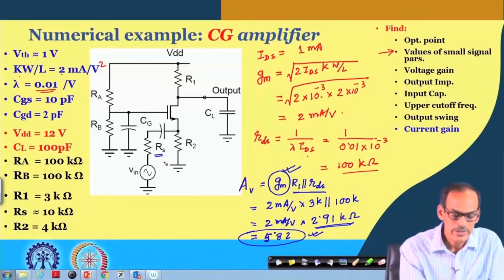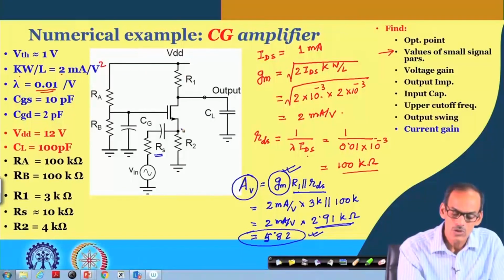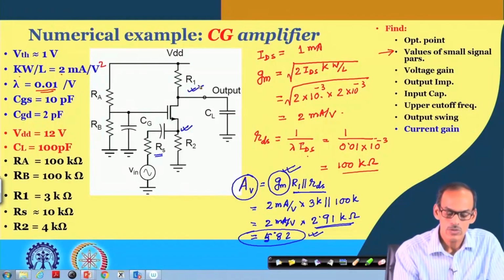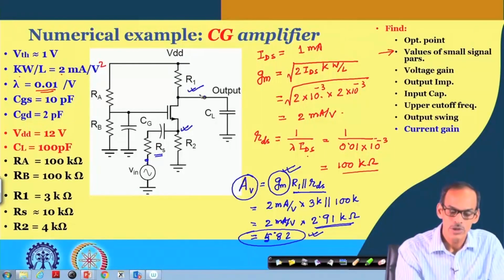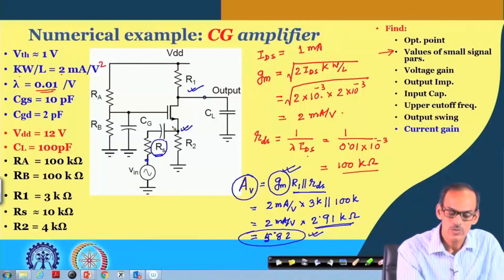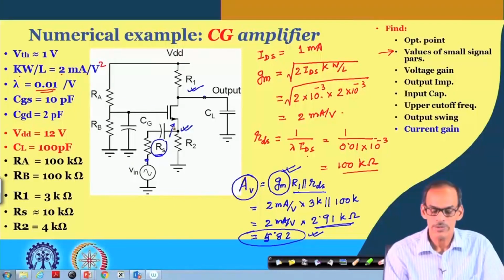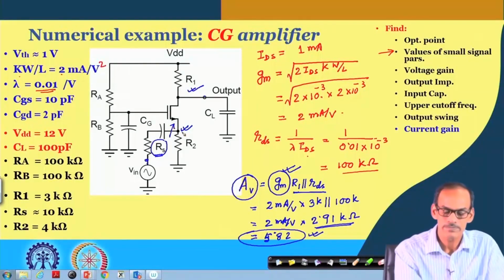Now, this gain of course is from source node to drain node. If I want to know the voltage gain from the primary input to the primary output, after considering this RS equal to 10 K, then we need to calculate the corresponding input impedance. The input impedance of this circuit, you may see, is dominated by 1 by Gm.